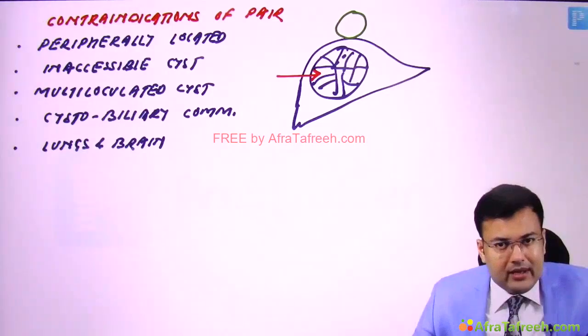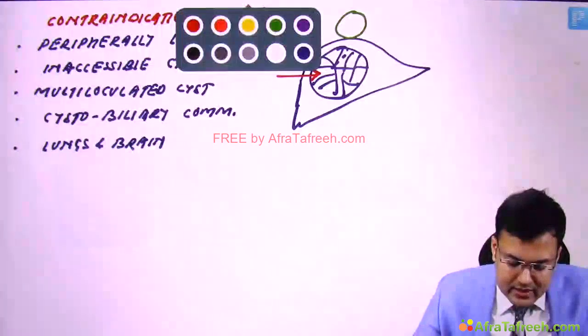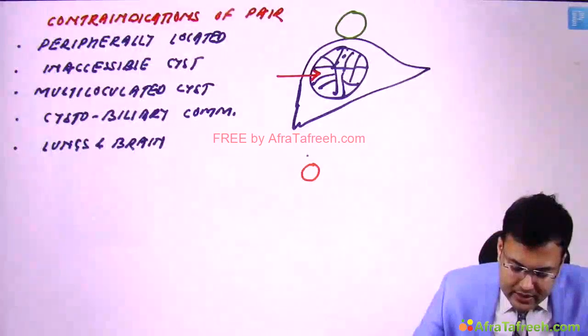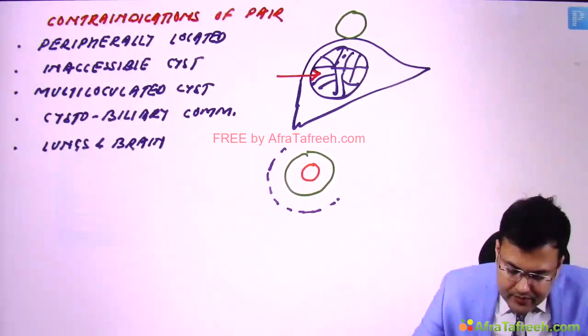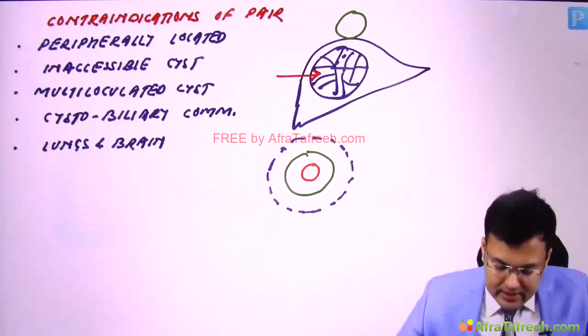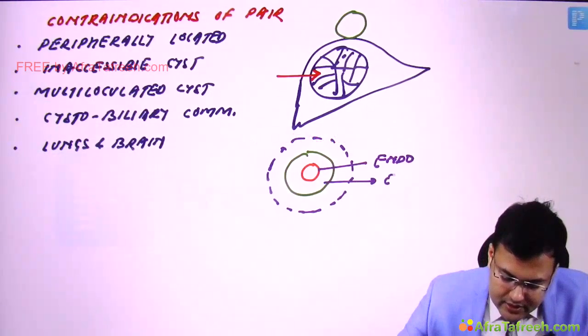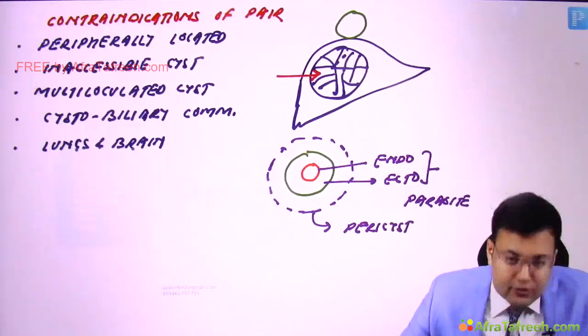And second problem, in lungs and brain there is no pericyst. What is pericyst? See, there is endocyst, then there is ectocyst, and there is pericyst. Endocyst and ectocyst are parts of the parasite, but this pericyst is part of the host.